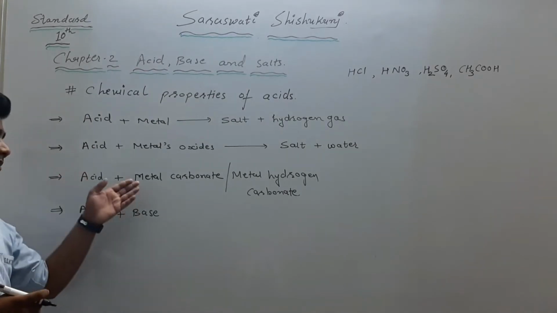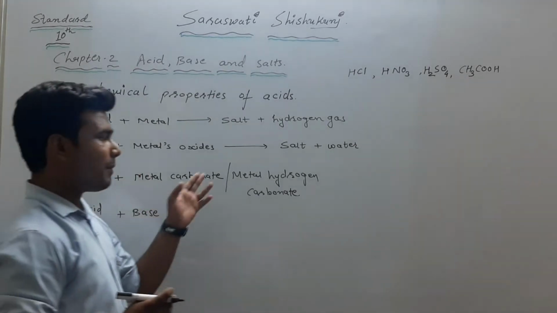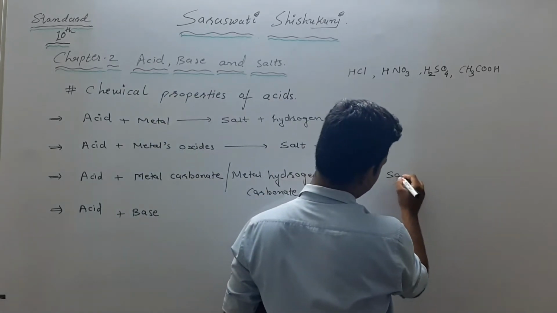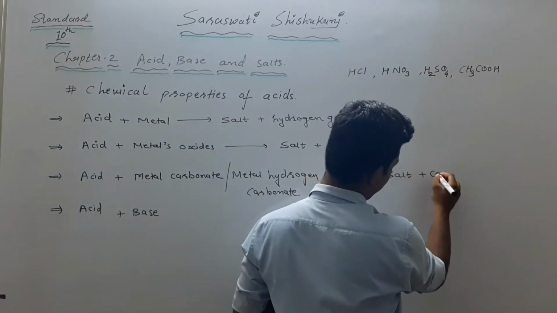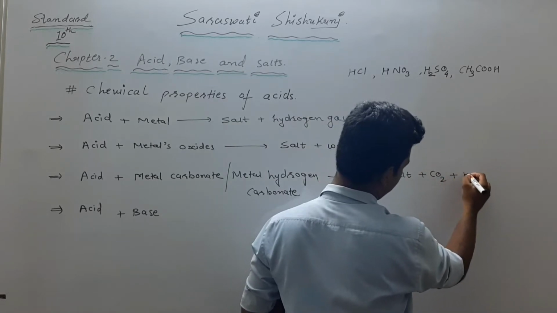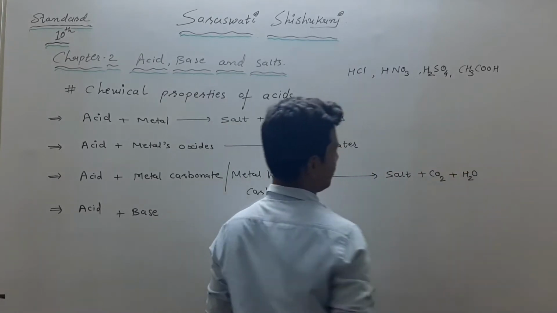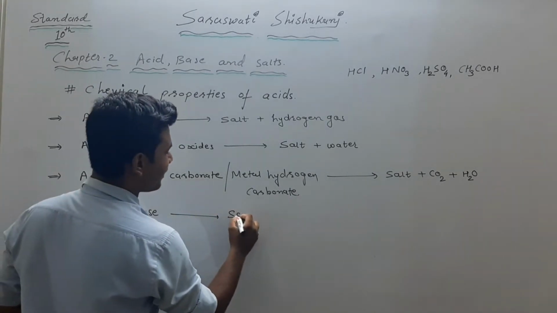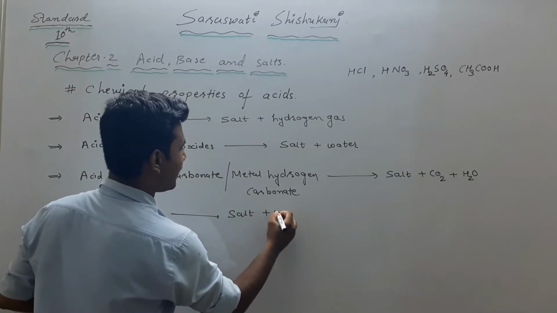When acid reacts with metal carbonate or metal hydrogen carbonate, or metal bicarbonate, it will give us salt plus carbon dioxide plus water. And when acid reacts with base, it will give us salt plus water.